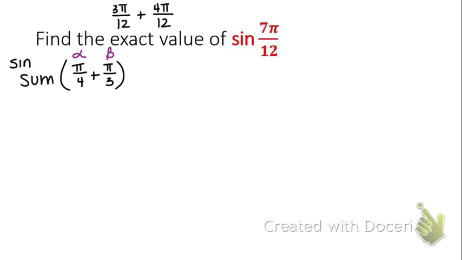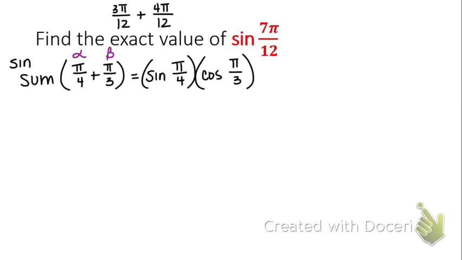So let's go ahead. So for sine sum, it says take sine of alpha times the cosine of beta. So I'm going to take the sine of pi over 4 and multiply that by the cosine of pi over 3.